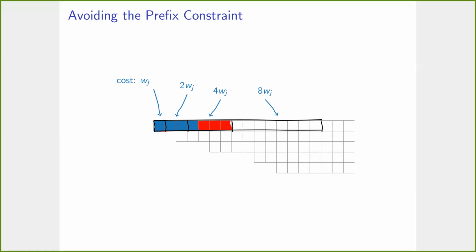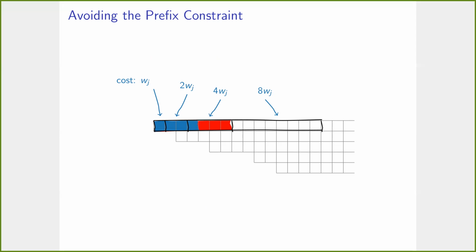And since I have these covering constraints in my ILP, it never hurts, at least for feasibility, to select more squares. So if I add more squares to my solution, I still remain feasible.